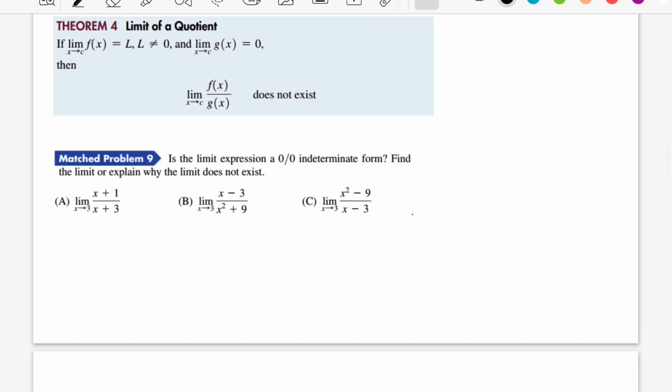Let's look at this first one here, a. So if we want to take these limits, we know that a can be rewritten as this here, just from our examples above. And then we again know that we can just plug in our value for x.